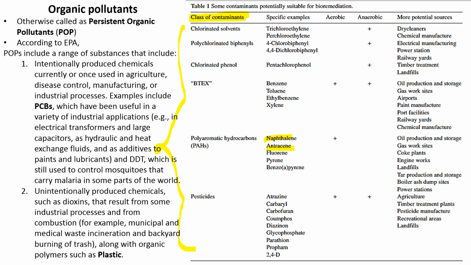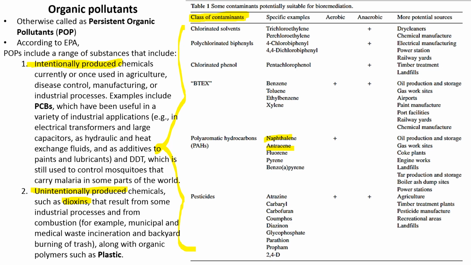Other chemicals such as dioxins are not produced intentionally, but as a result of a particular industrial process, they are released as part of water or dumped into soils or landfills. So organic pollutants can be generated through two different means: intentional production and unintentional production.